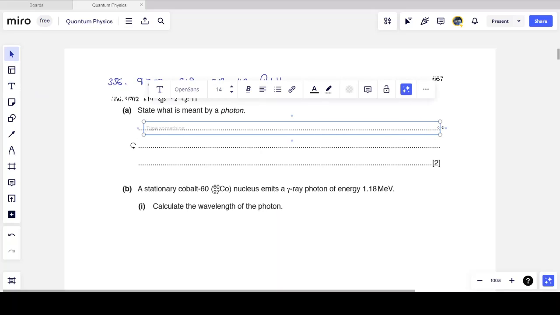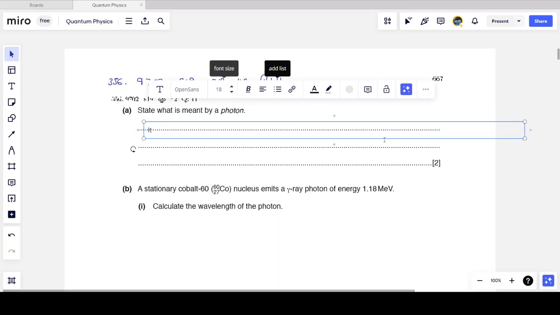Now we can use two words to describe a photon. It is either a packet or a quantum of energy. Either one is accepted, but quantum is a more formal word.